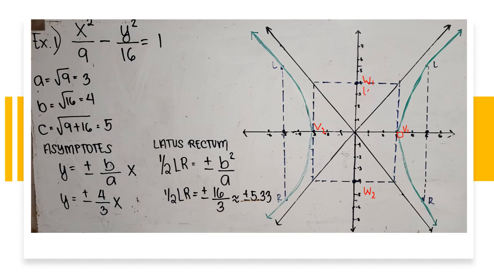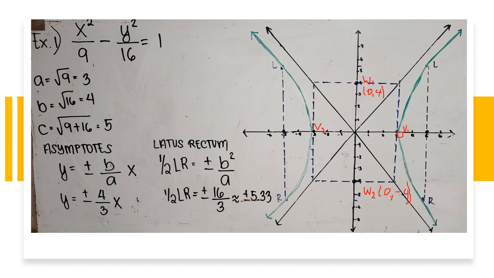So we have the ordered pairs (0, 4) and (0, -4). Okay, so that is your conjugate axis.